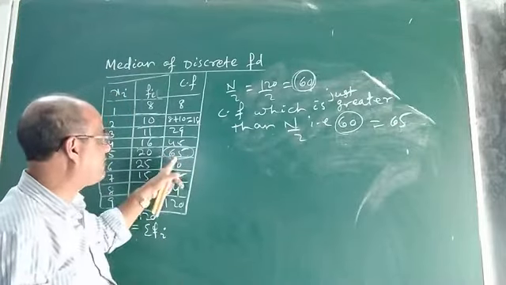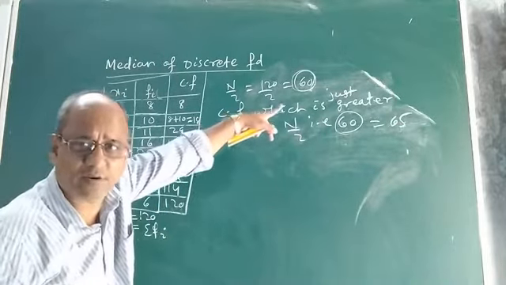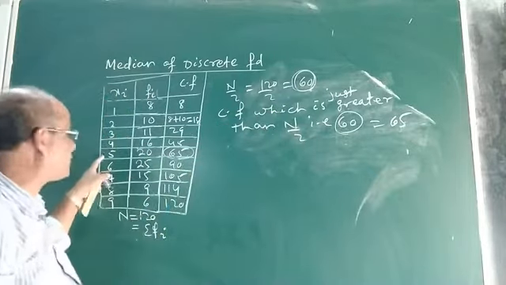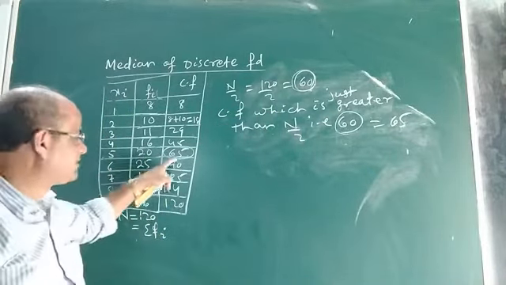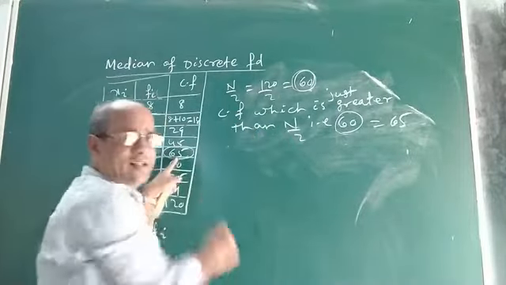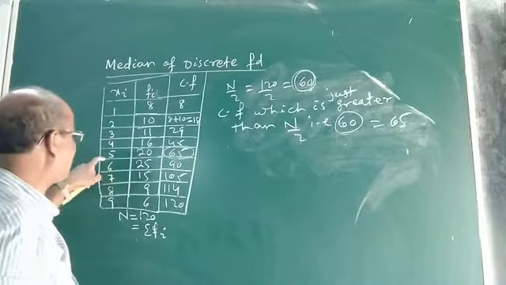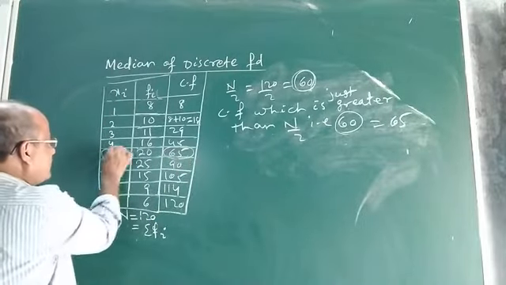Now, if 65 is the cumulative frequency just greater than n by 2, then 65 corresponds to which xi? Which observation? It corresponds to the observation 5.